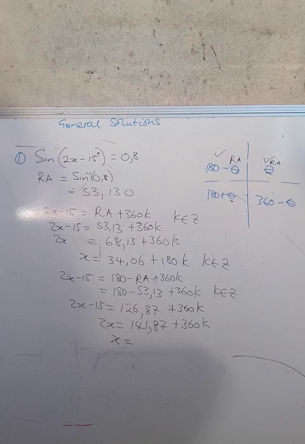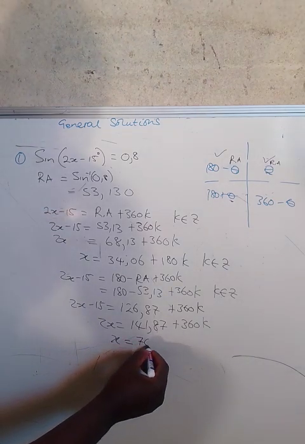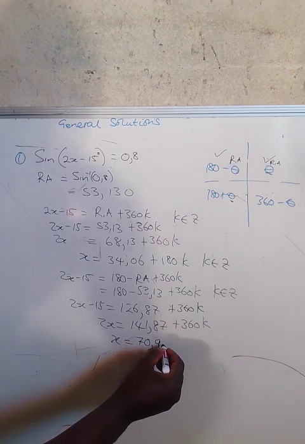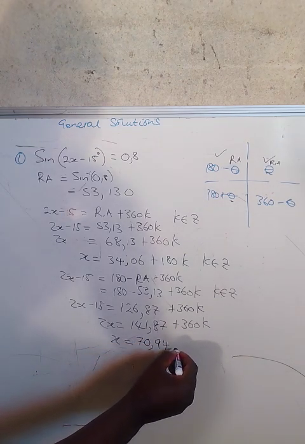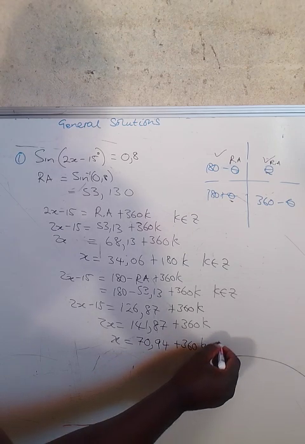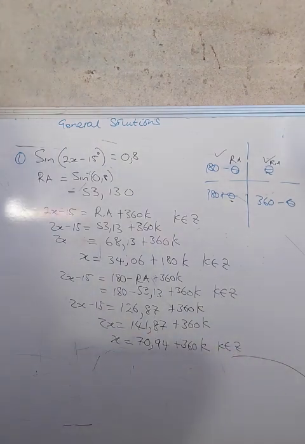X is equal to 70.94 plus 180k, where k is an element of Z. So these are the general solutions to this equation.